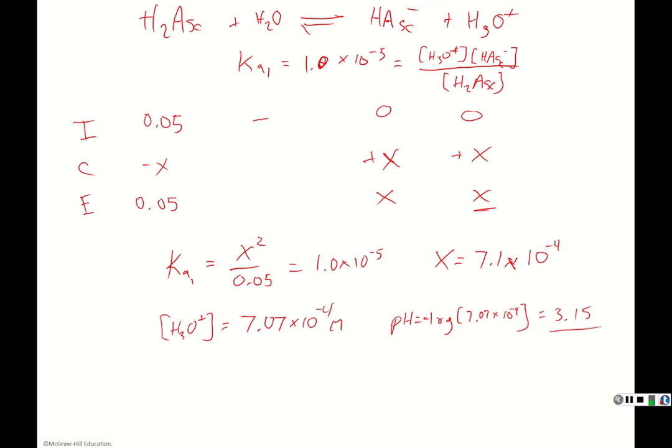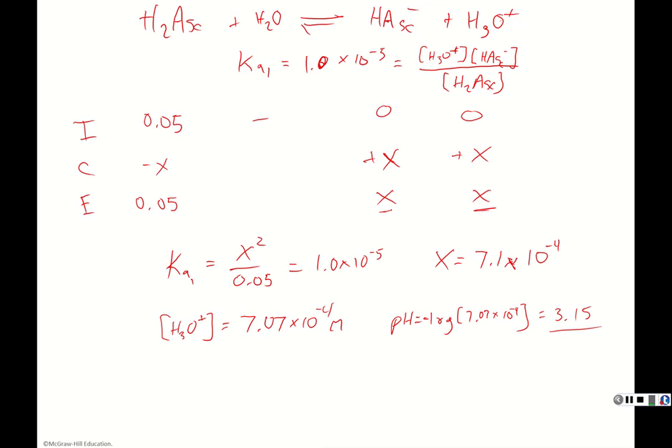And again, we assume that all the H plus is coming from that first proton, and the subsequent step is going to be negligible. So that's why we can use that value to calculate pH, even though we know there's another proton to lose. Okay, so that is the pH.